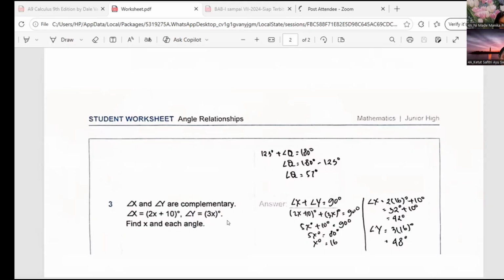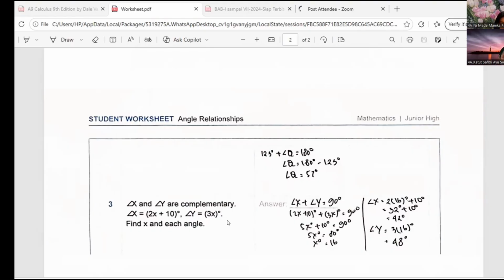Combining like terms, we have 5x plus 10 equals 90. Subtract 10 from both sides, so 5x equals 80. Dividing by 5, we find that x equals 16.